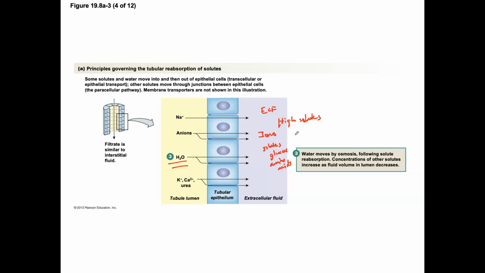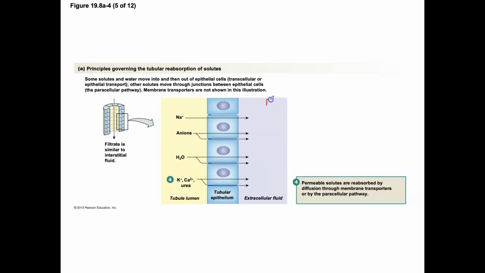As that water moves, it begins to dilute the extracellular fluid. So here we have extracellular fluid. We've had water now move across the epithelial cells. We begin to see a dilution effect. As more water gets into the extracellular fluid, that means leftover molecules and ions are becoming more concentrated. So we're seeing a concentration effect happening in the lumen of the nephron.